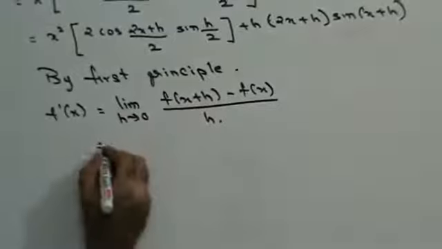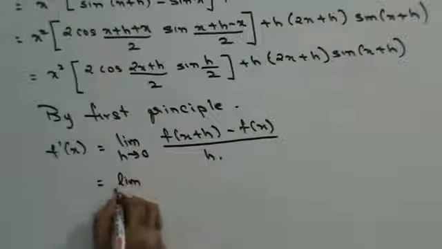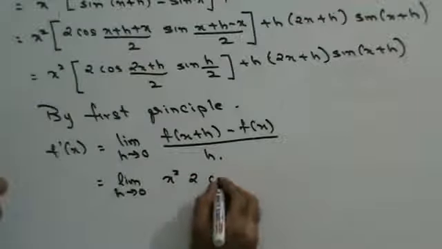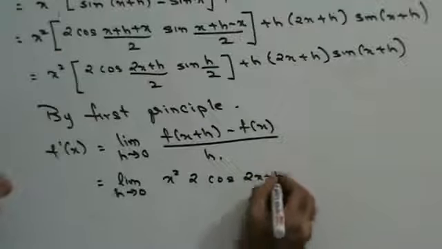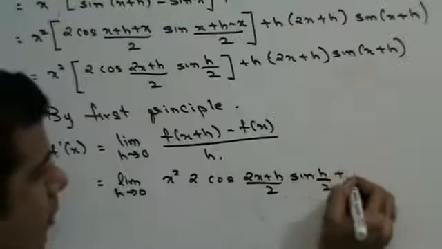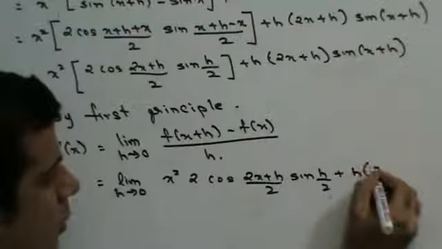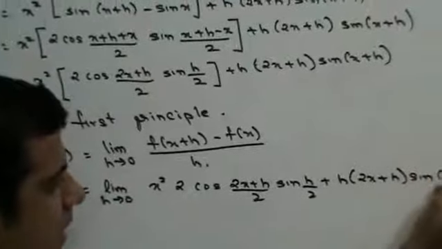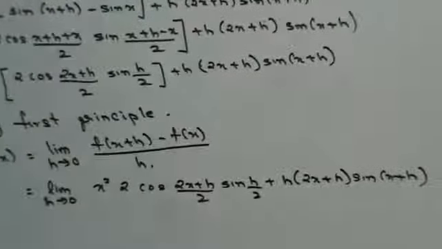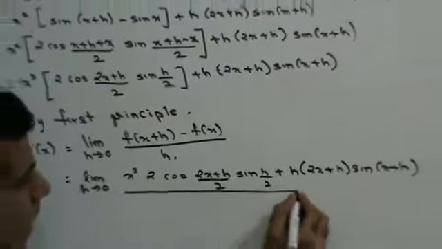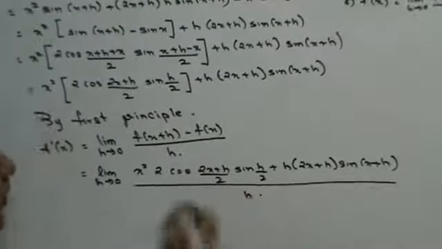It is x square into 2 cos((2x plus h)/2) sin(h/2) plus h(2x plus h) sin(x plus h), upon h.